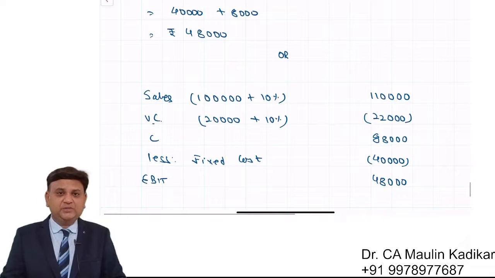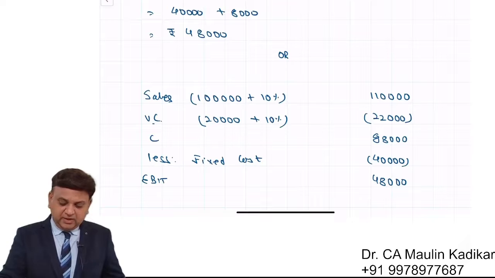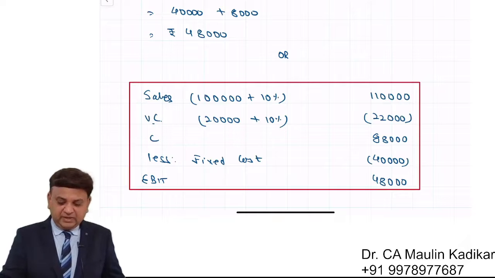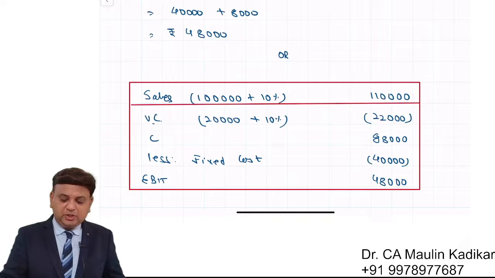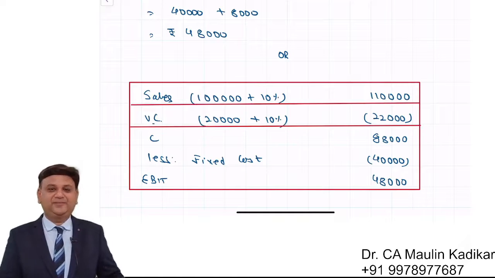Friends, from examination point of view, listen carefully. If there is no clarification made, we can do the answer by either of the methods and either of the methods is acceptable. However, sometimes the question clearly provides that using the concept of leverage, you are required to calculate the answer.